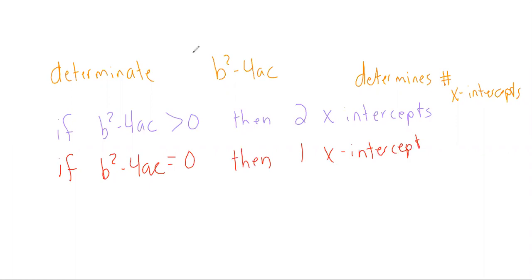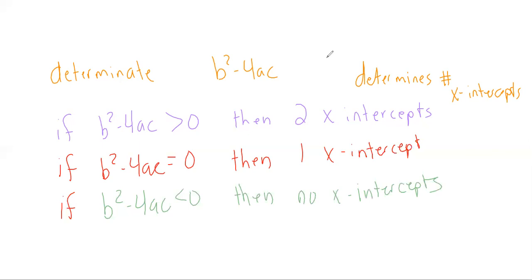And if it is less than 0, then you have no x-intercepts. And that is what the discriminant will tell you.